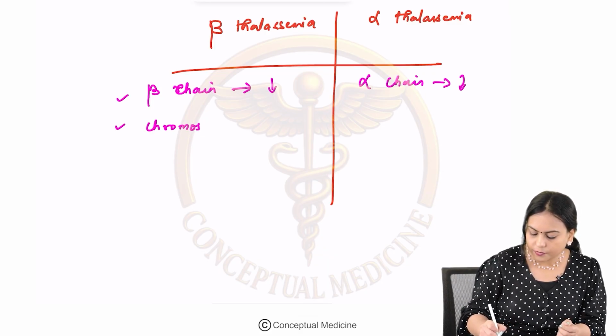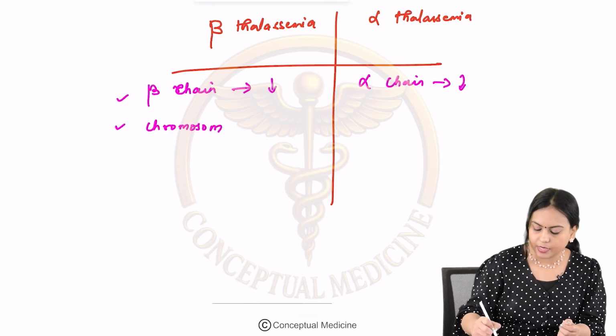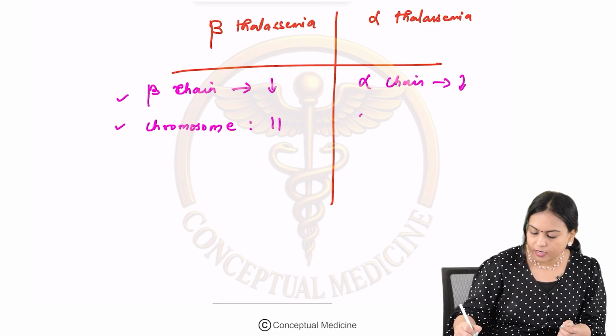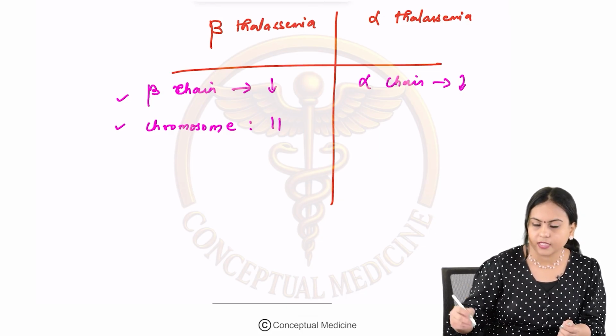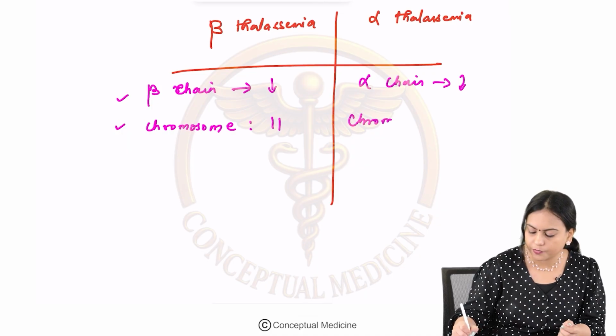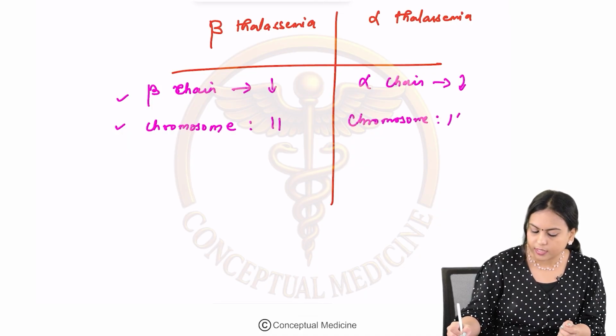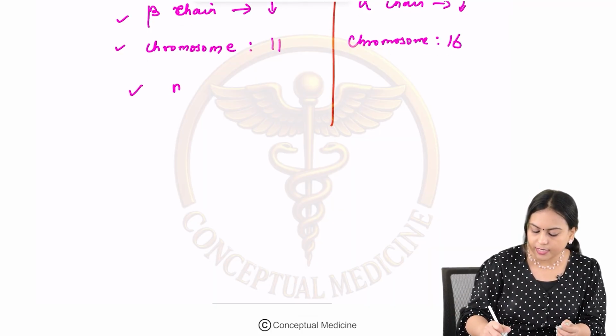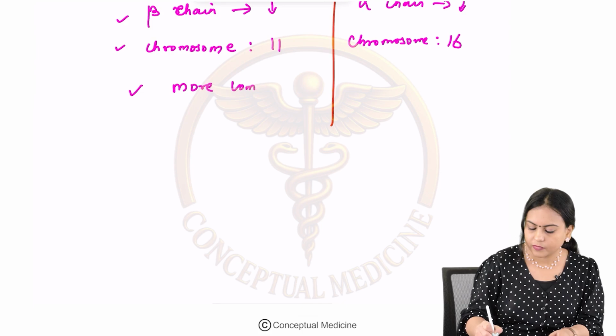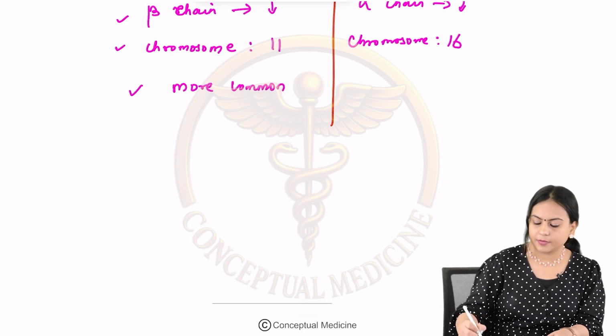The chromosomal defect in beta thalassemia is seen in chromosome 11, whereas for alpha thalassemia, there is a defect in the gene located on chromosome 16. Beta thalassemia is more common, whereas alpha thalassemia is less common.